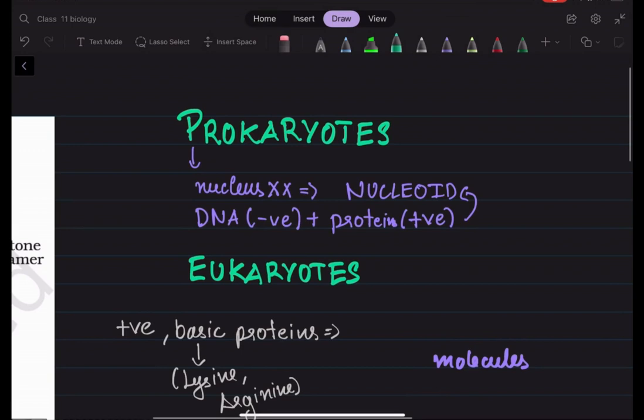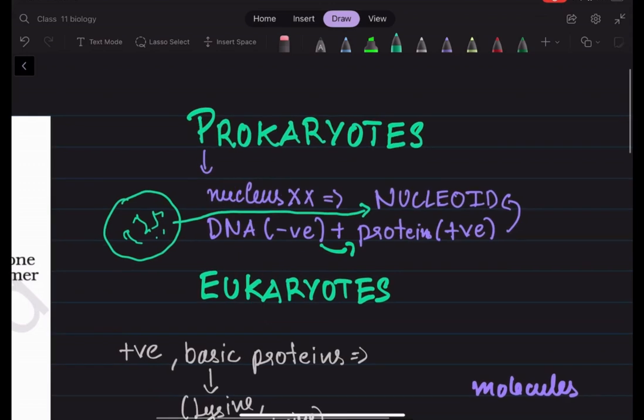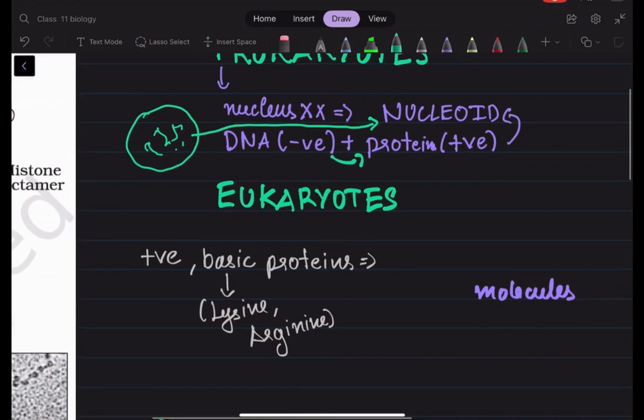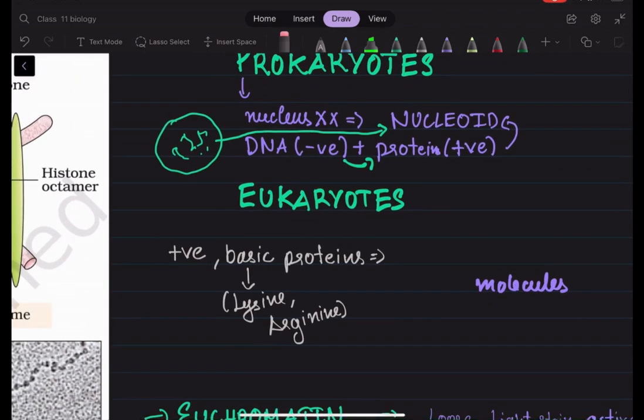So the DNA, which is negatively charged, and a few proteins which are positively charged, are just scattered in the cell, just like this, and there is no particular distinction. This part is referred to as the nucleoid, and there is not much organization seen here. But in eukaryotes, it is pretty much complex.